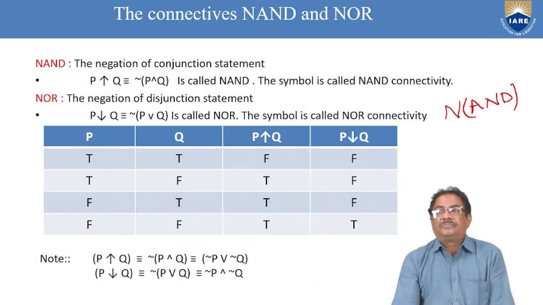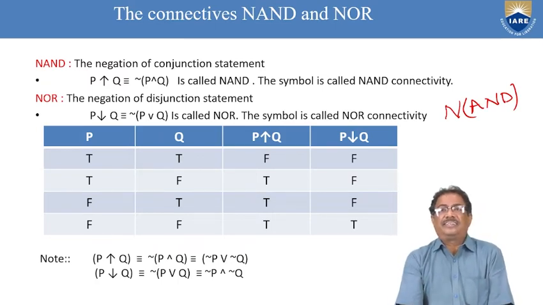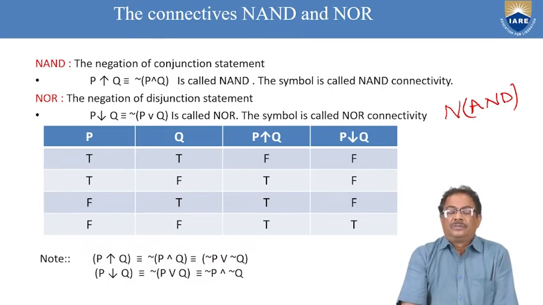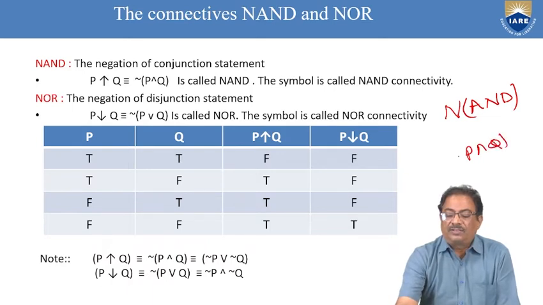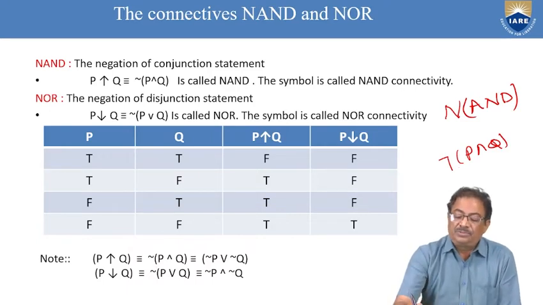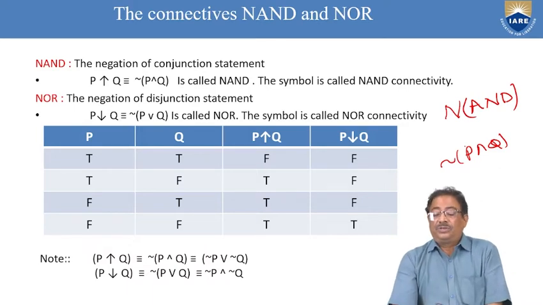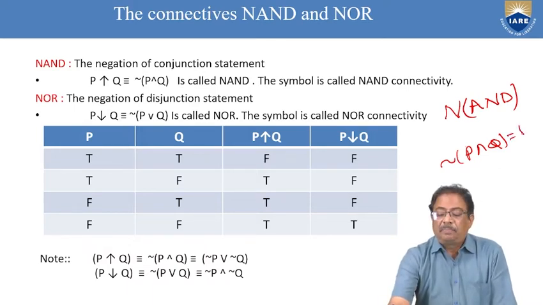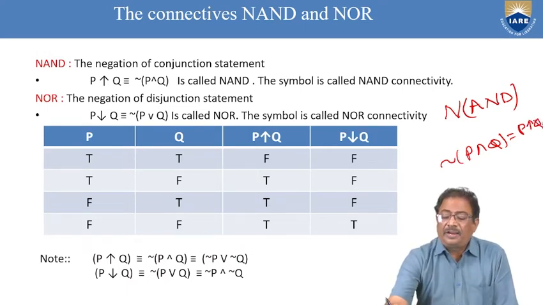Any two propositions, if you consider P and Q, then P and Q is the AND operation. So for that we took negation. Either we can use this symbol or else we can use this symbol. Both are the same. This is known as P NAND Q.